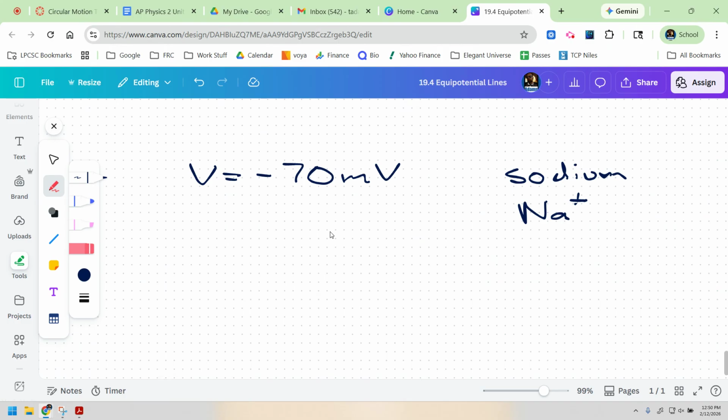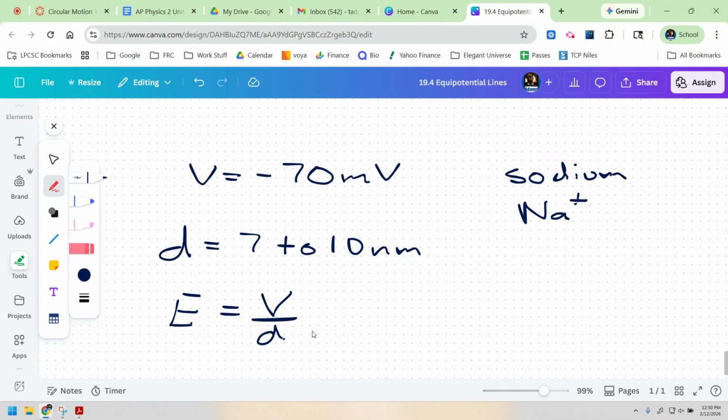The sodium ions are allowed to pass through the membrane into the cell, producing a positively charged membrane and a nerve signal. The thickness of the cell membrane is about 7 to 10 nanometers thick. And so if we wanted to calculate the electric field, remember that the electric field is equal to the voltage divided by the distance.